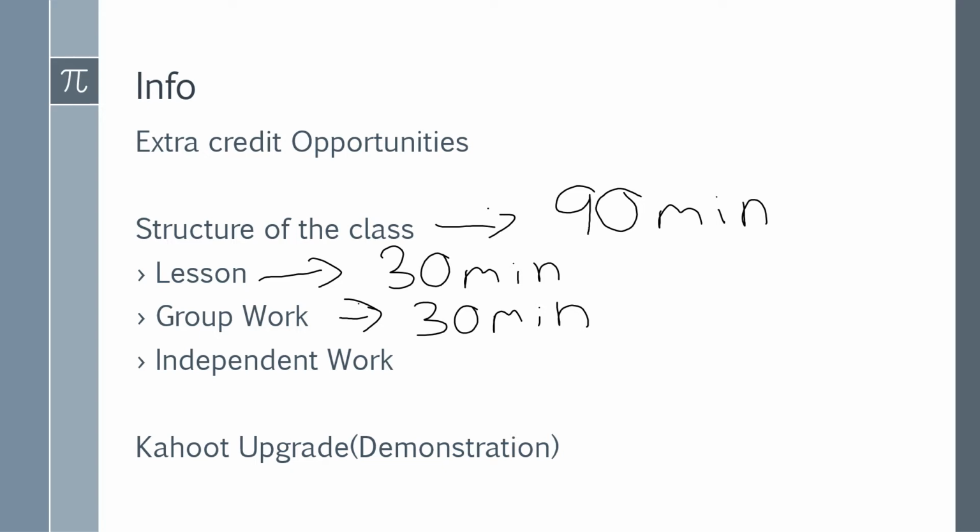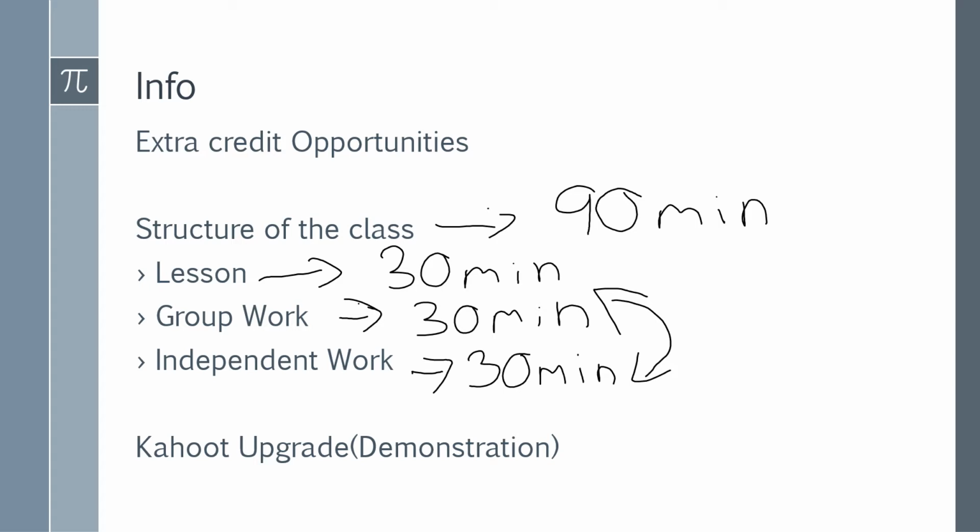As a result, you lose your grades because you are too distracted by other people or you don't complete the task in front of you. I want group work to be 30 minutes too, but again, I'm going to have to reduce the time of these two. I can't give you too much time in group work or independent work.